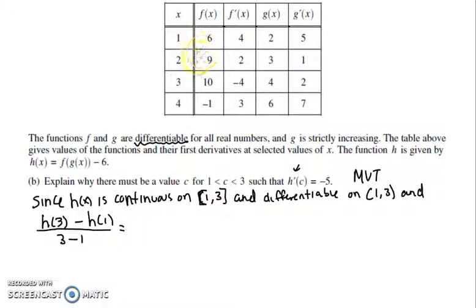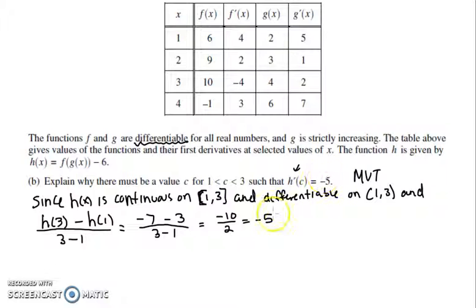So g of 3 is 4, f of 4 is negative 1, minus 6 is negative 7, minus h of 1, which is f of g of 1 minus 6. So g of 1 is 2, f of 2 is 9, 9 minus 6 is 3, over 3 minus 1, so that's going to give us negative 10 over 2 equals negative 5.